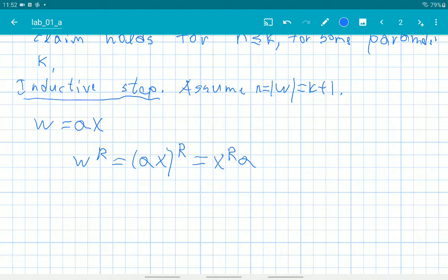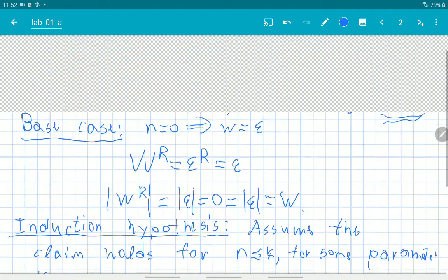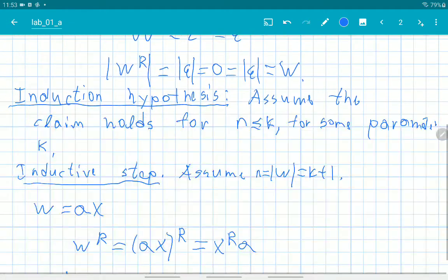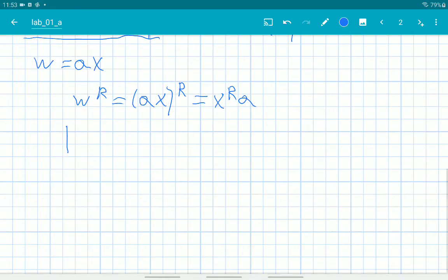Okay, so we have this, and essentially this is roughly what we need. Why is this roughly what we need? Well, let me remind you what we want to prove. That's important to remember. We want to prove that the length of w and the length of w^R is the same, right? Sorry, I wrote it wrong, it's good that I fixed it.